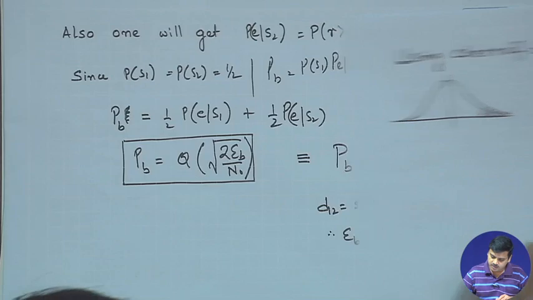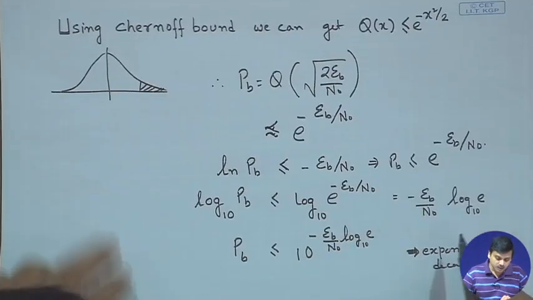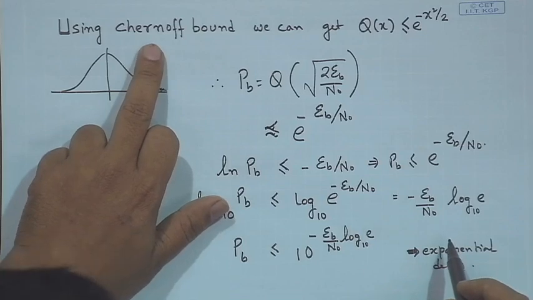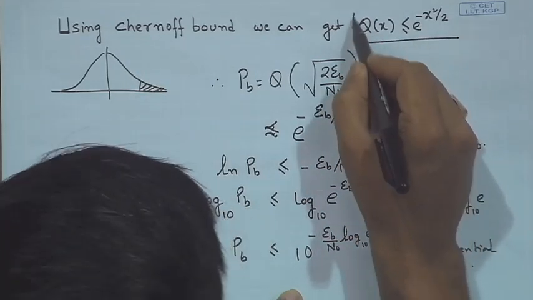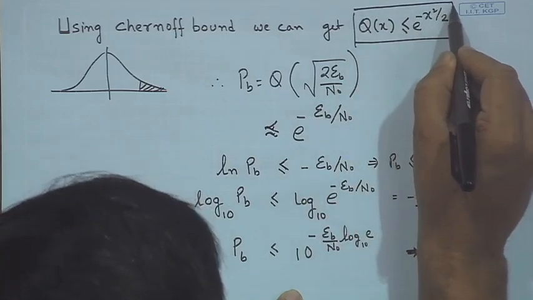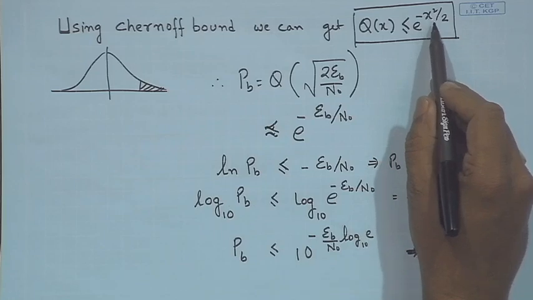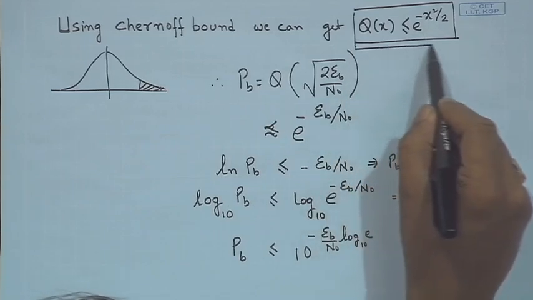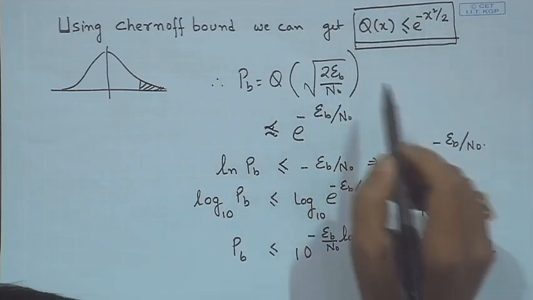As we use the expansion of Q function, we consider the Chernoff bound. So, in using the Chernoff bound, you have the limit that Q of x is upper bounded by e to the power of minus x squared by 2. This is not a very tight upper bound, but you can use this approximation.